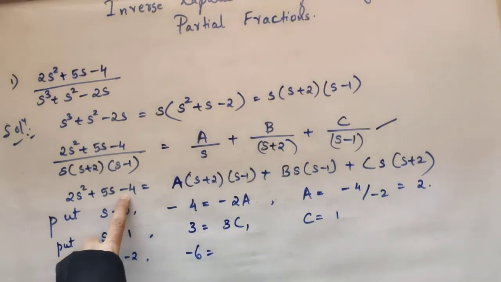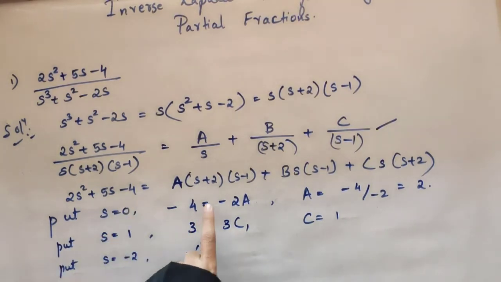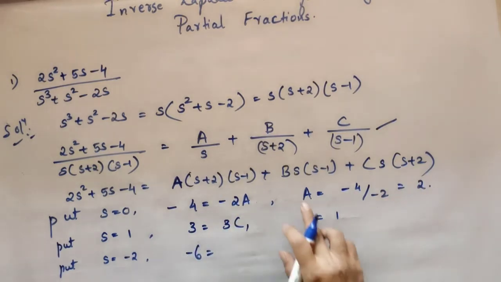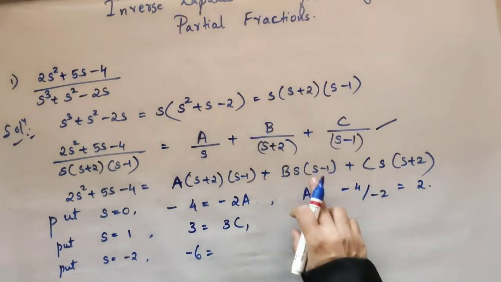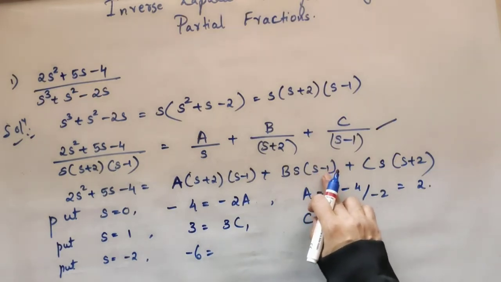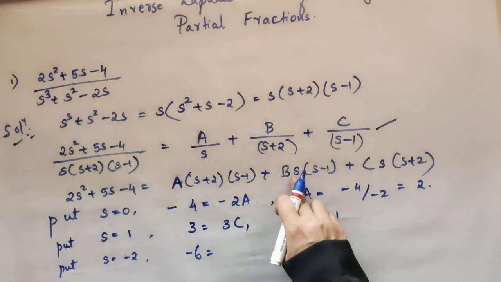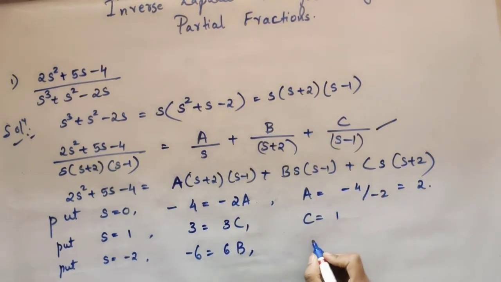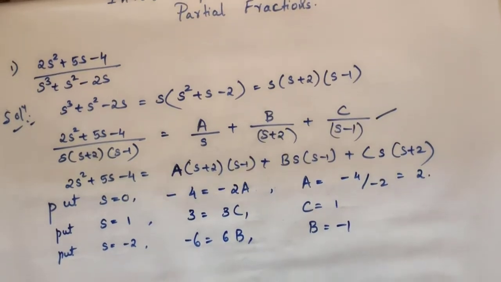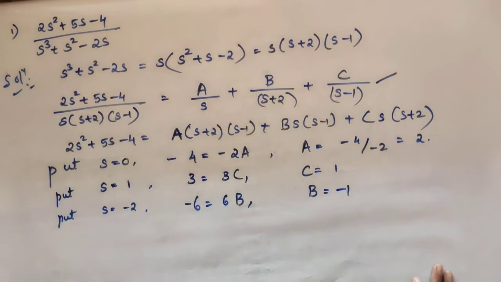LHS is taking the value minus 6. Now the A and C terms are 0. When you put s as minus 2 here, it is minus 2 times minus 2 minus 1, minus 3 into minus 2 plus 6, B. So B equals minus 1. I hope it is clear to all of you. You have got the values for A, B, C.